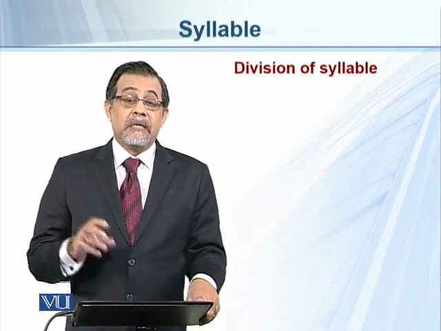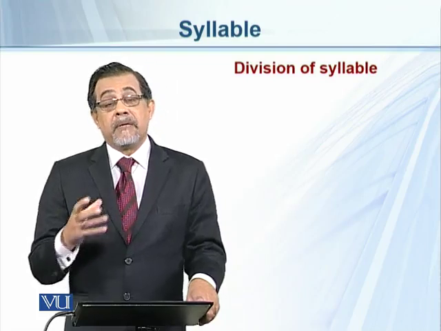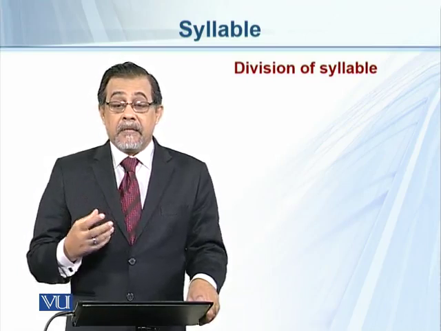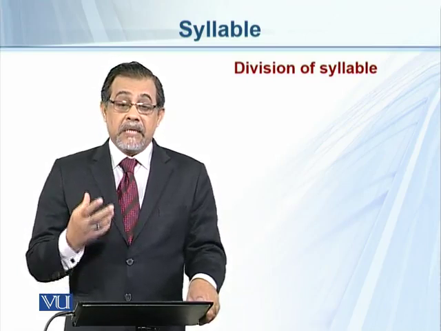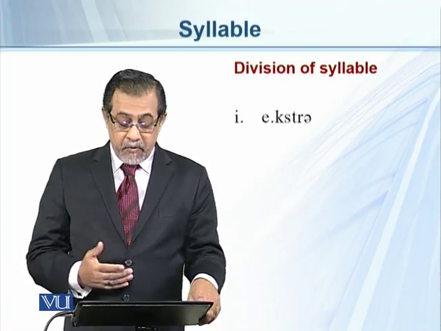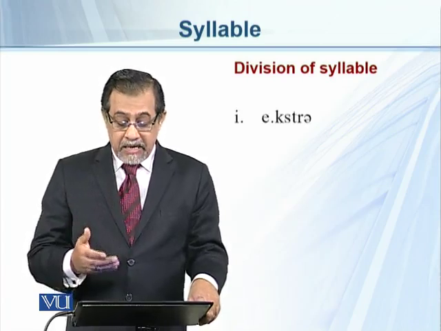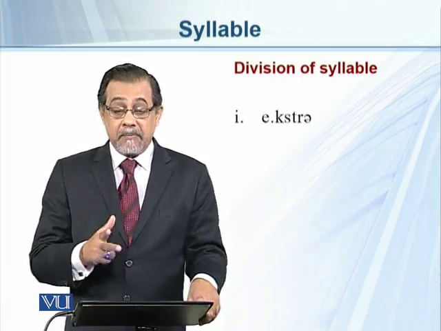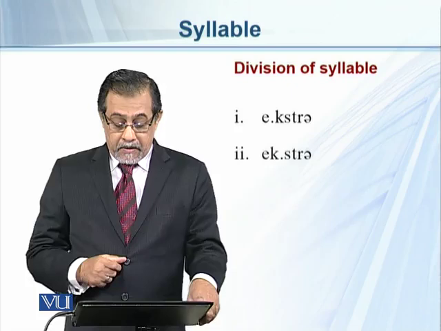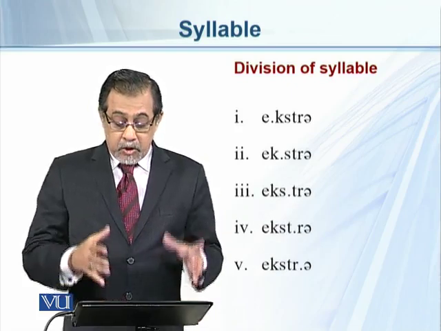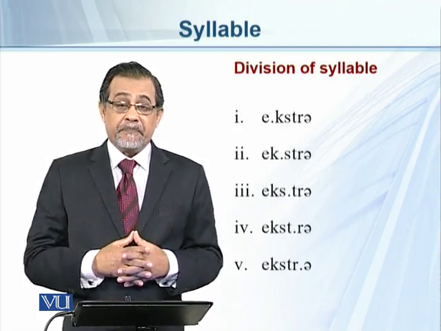Division of syllables is sometimes not easy. It's very difficult, and there are certain possibilities that we can discuss. For example, if we have the word extra, we can break it into syllables like this, and this. So we have five possibilities.